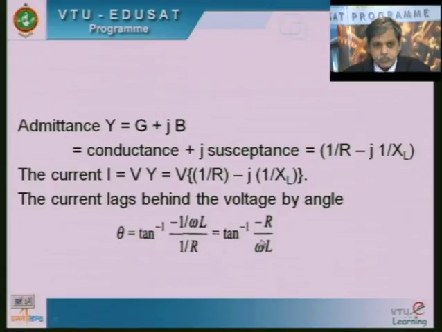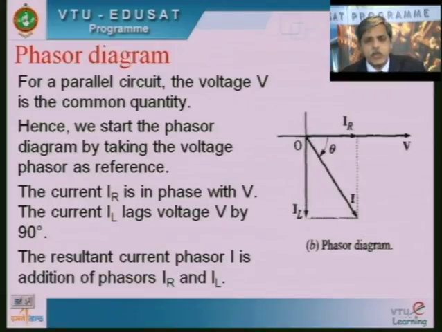Now, I will try to explain the phasor diagram that I have drawn. Since it is a parallel combination, the voltage is a common quantity across the R and L elements, so I have taken the voltage along the reference axis. You can see this on the phasor diagram shown in the slide. For a resistor, the current and the voltage will be in phase with each other, as we saw in the previous sessions.